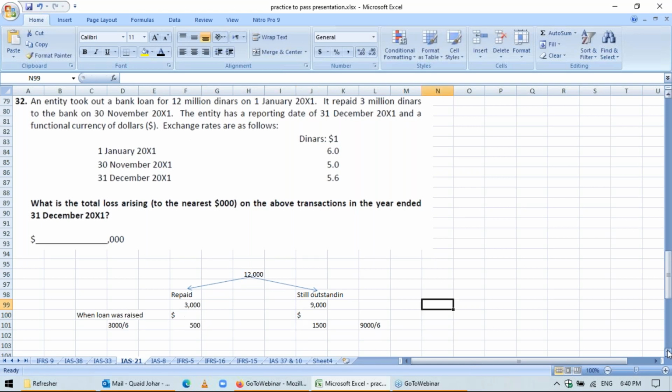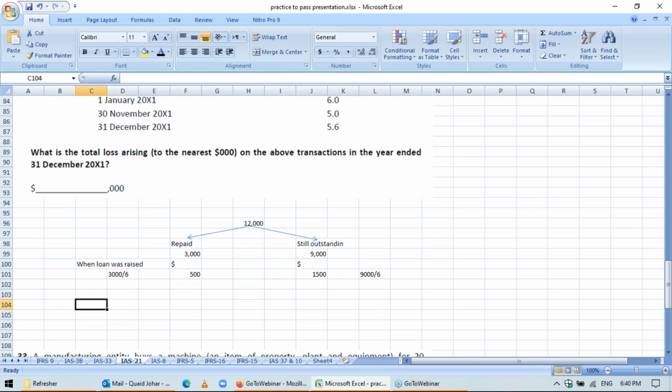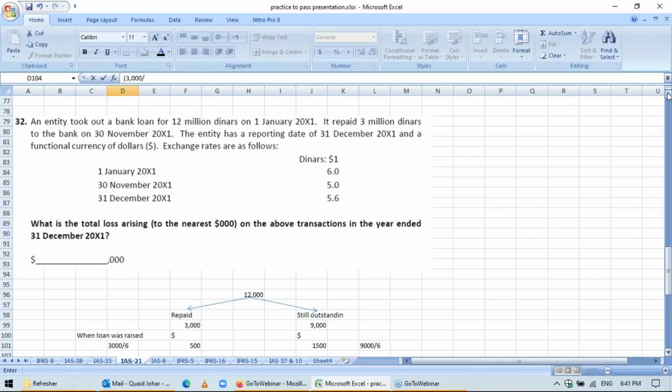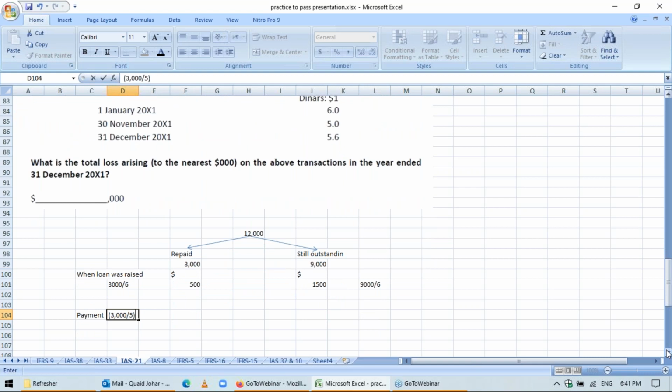Right. So now at the time of payment, when they repay it, the 3,000 dinars were repaid at what rate? They made a repayment on 30th of November, and at that time the rate was 5. So in dollars, they have made a payment of 3,000 divided by 5. This is 600. Right? So they have incurred a loss.